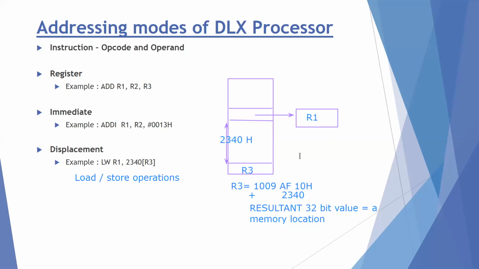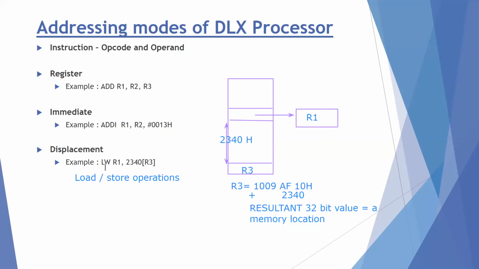So I will give an instruction, load word into R1 from base register R3 plus 2340H. So this location is formed. Are you all getting it? Yes, ma'am. Okay. So from this location, the data is now picked up and stored in register R1.